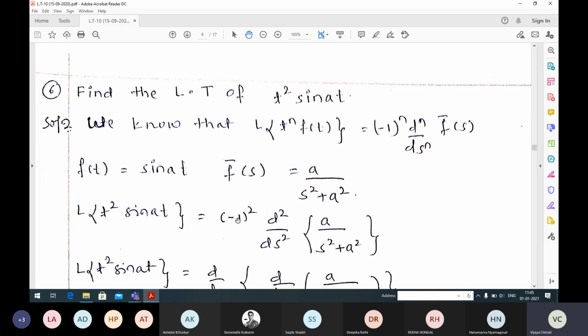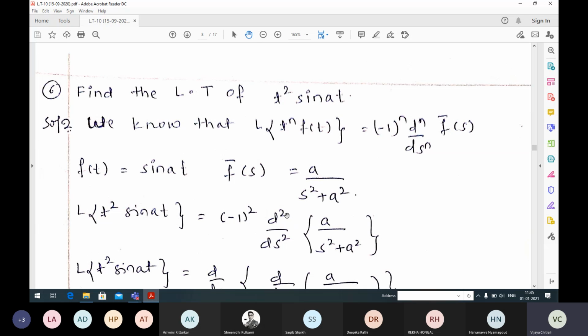So n is 2: minus 1 raised to 2, d raised to 2 divided by ds raised to 2, or d square by ds square of f bar s, where f bar s is a divided by s square plus a square. Why 2 here? Because n is 2.